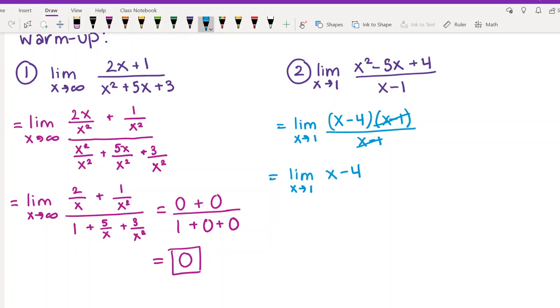By canceling out this x minus 1, we got ourselves a new function that is defined at 1, where we can actually plug the number in. Even though it's not the same as our original function, its limit is the same because we've only changed the behavior at one specific point. So we get -3.